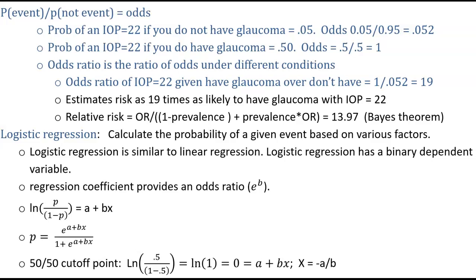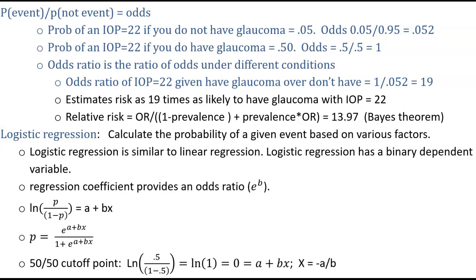When we solve for p to get the probability that you have glaucoma, we exponentiate the whole thing and get e to the a plus bx over 1 plus e to the a plus bx. The 50-50 cutoff point is simply solving for the probability being 0.5.